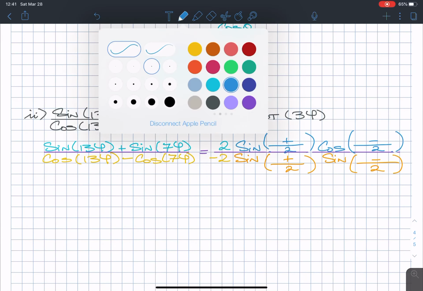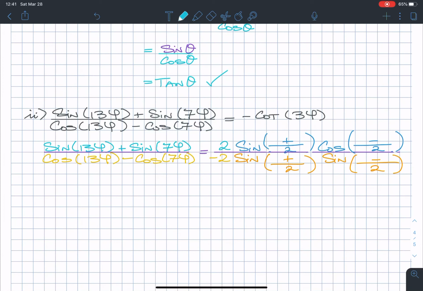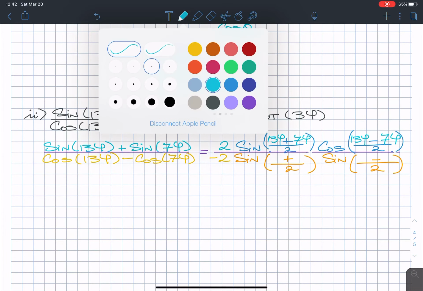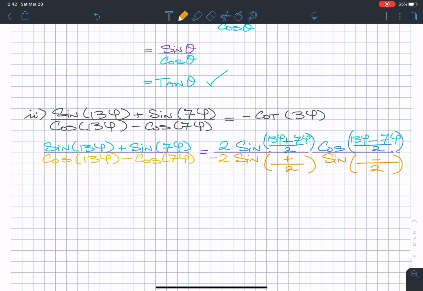Okay, so what do I have? I have 13 phi and 7 phi in the numerator. Similarly, in the denominator, I have 13 phi and 7 phi.